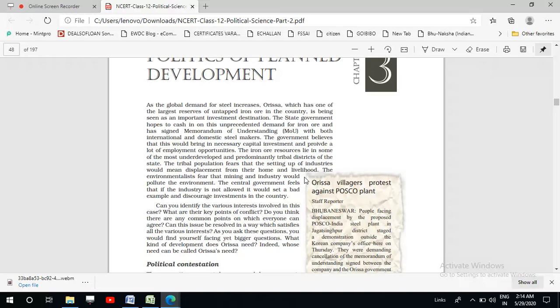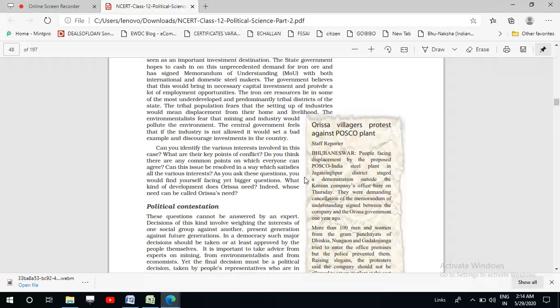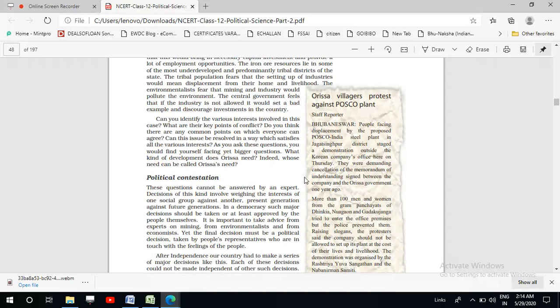So they fear that they will have to face displacement, and because of this displacement they will lose their home and livelihood. So they are opposing this memorandum of understanding between the state government and the international company.